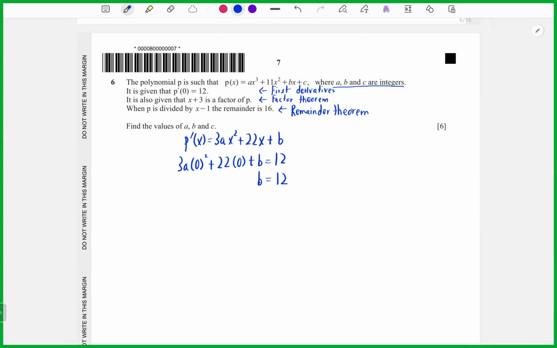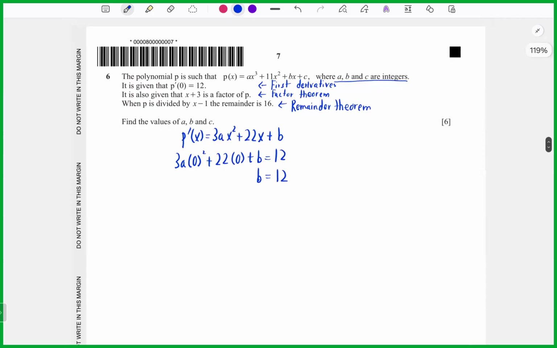Now we try to find the values of a and c. Because the second condition is the factor theorem, you can take p(negative 3) equals 0. So a times negative 3 cubed plus 11 times negative 3 squared plus 12 times negative 3 plus c equals 0.